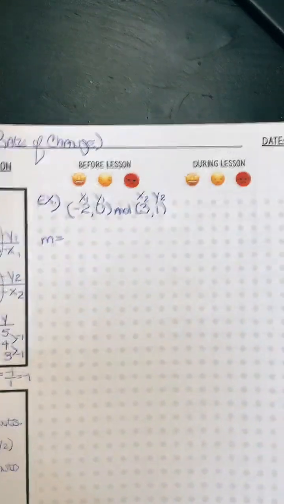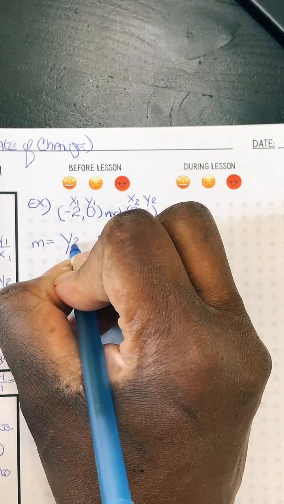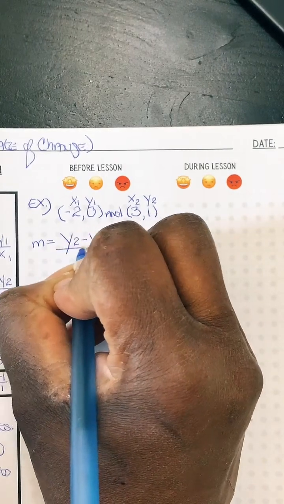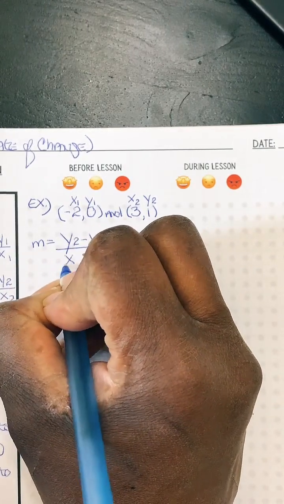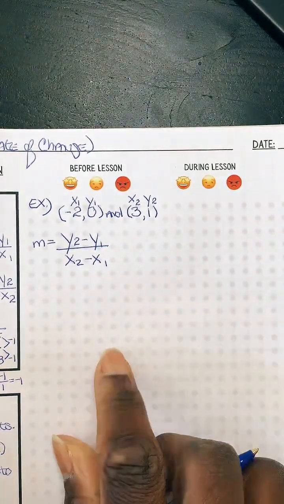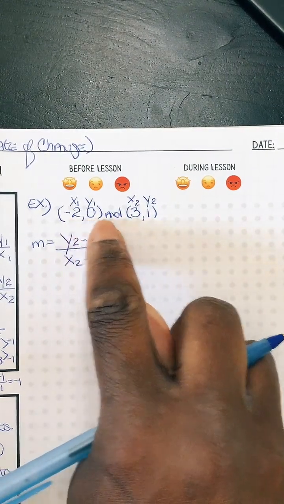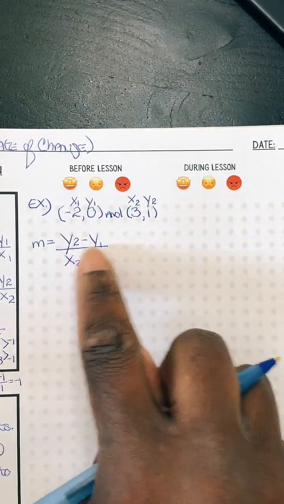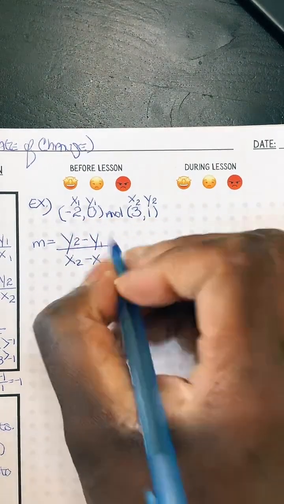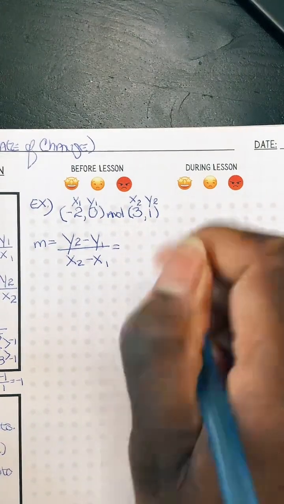So if I go with the traditional, the difference of the y's, we have our y sub 2 minus our y sub 1 over my x sub 2 minus my x sub 1. So now we're playing the matching game because we already labeled what will be my x1, y1, and all that stuff up here. So if you notice, my y2 is 1.